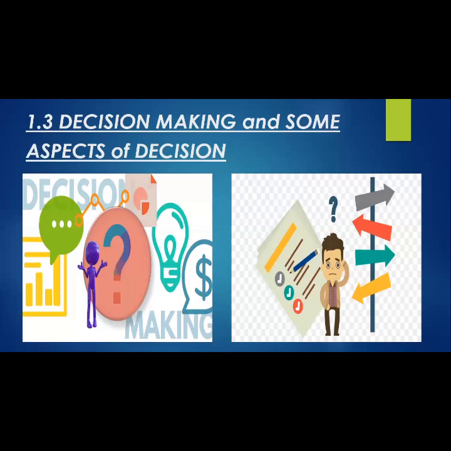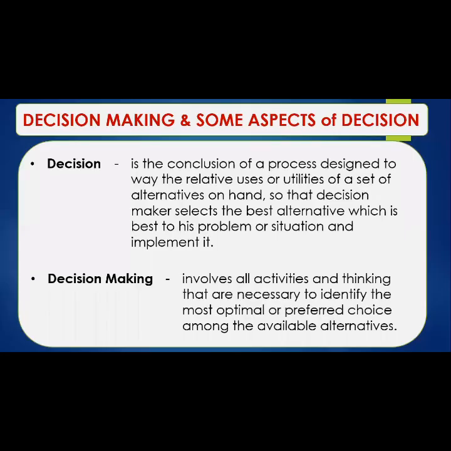Now, a decision is the conclusion of a process designed to weigh the relative uses or utilities of a set of alternatives on hand so that the decision maker selects the alternative which is best to his problem or situation and implements it.